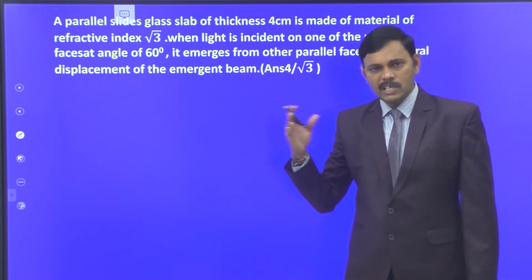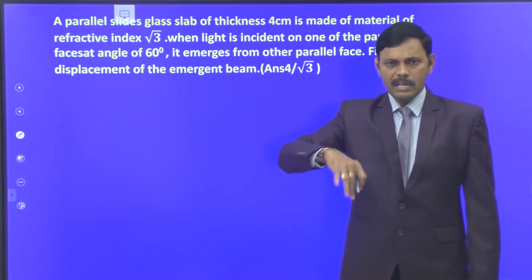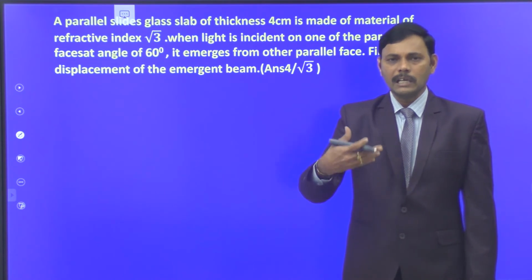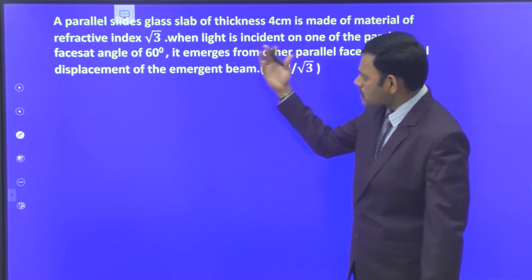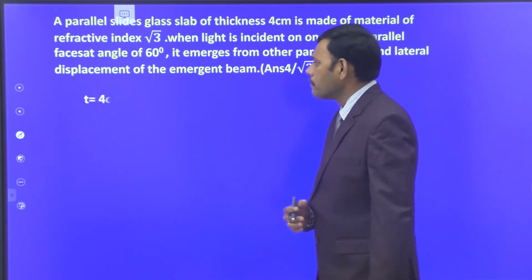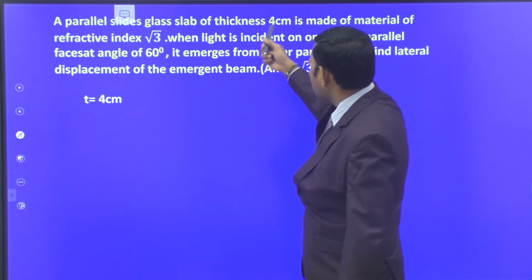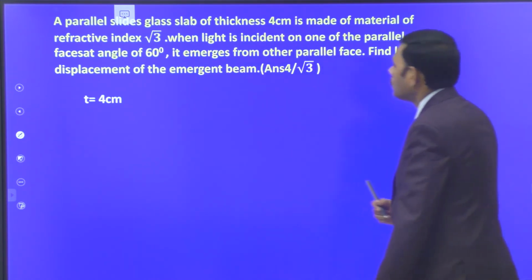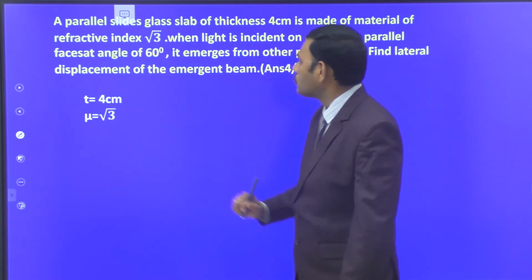Students, in last problem we discussed the longitudinal shift. For real depth, by knowing refractive indices of the medium, we calculated apparent depth in previous problem. This problem belongs to lateral shift. So let us consider the given data. Parallel sided glass slab of thickness 4 centimeters, made up of a material of refractive index √3.